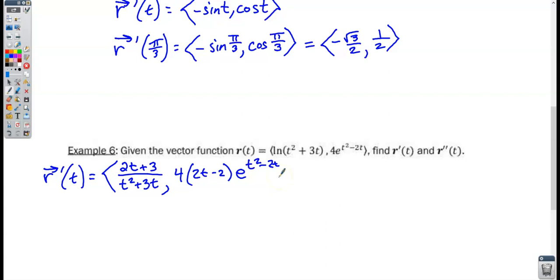And maybe I even want to simplify that second component a little bit, make it a little bit easier for myself. And we'll make that just 8 times the quantity t minus 2 times e to the t squared minus 2t. So there's my first derivative.